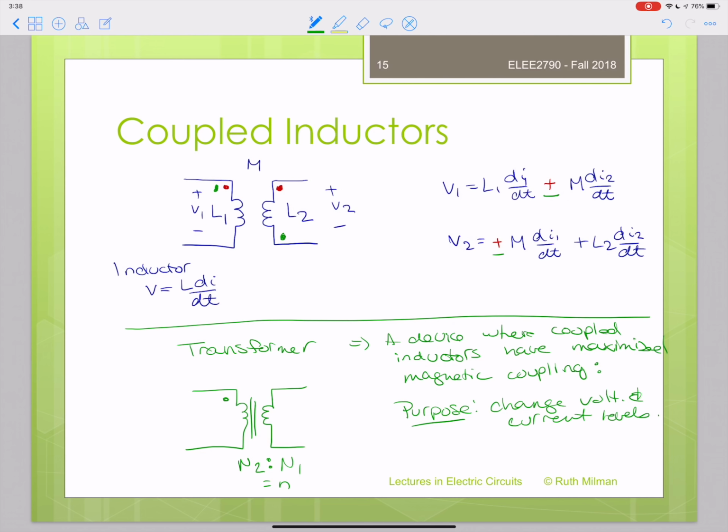And in fact, a transformer does that. So with a transformer, if you have this maximized magnetic coupling, the voltage in 2 is going to equal plus or minus n times the voltage in 1, where here you have the voltage in 2, here's the voltage in 1, and you have this exact proportion, and the current in 2 is going to equal minus or plus 1 over n times I1.